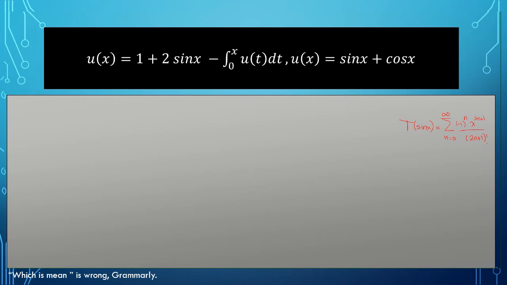Okay, so now we let u of x equal to summation a n x^n, where n from 0 to infinity. So when applying this on the integral equation, we put the summation for the x^n.